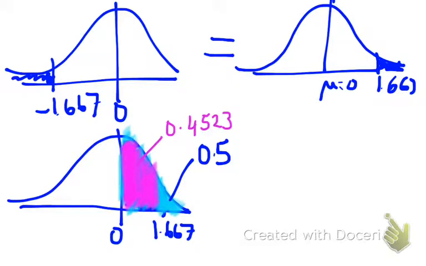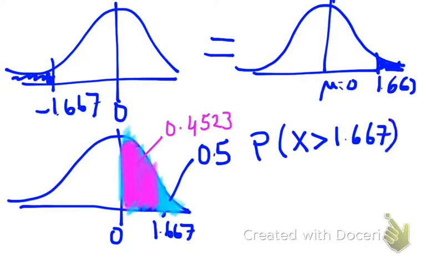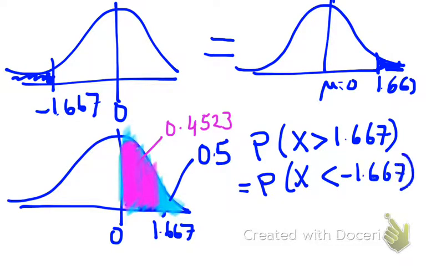So then, to find the little tail itself that we're interested in, the probability of x being greater than 1.667, which is also the same as x being less than negative 1.667.